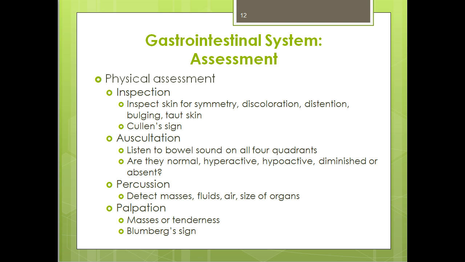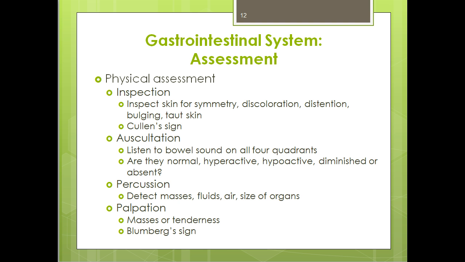Finally, you want to observe the patient's abdominal movements, including normal rising and falling with inspiration and expiration, and note any distress when they're moving. Peristaltic movements are rarely seen unless the patient is thin and has increased peristalsis.